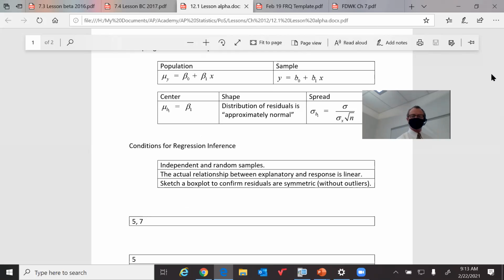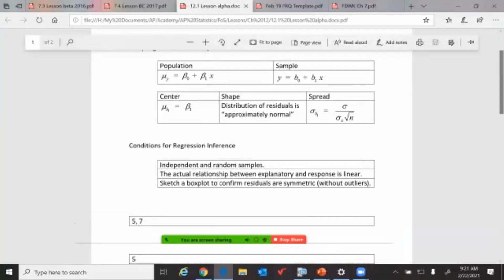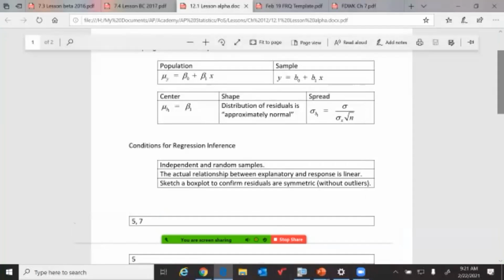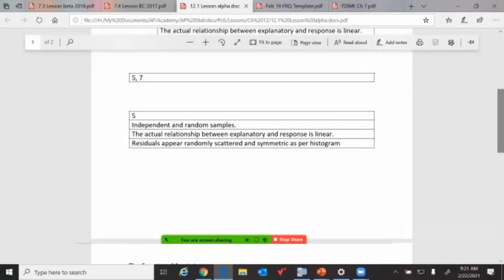So we're going to pause this and just send you to 2 questions. All right, so number 5, you get independent random samples. The true relationship, the actual relationship is linear, and the residuals appear randomly scattered.